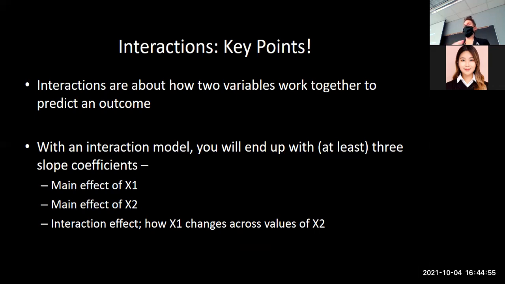Other than the intercept, you'll end up with a coefficient for the main effect of x1, the main effect of x2, and the interaction between x1 and x2, which is essentially how the relation between x1 and y changes across values of x2, or how the relation of x2 with y changes across values of x1. They're the same number, it means the same thing.